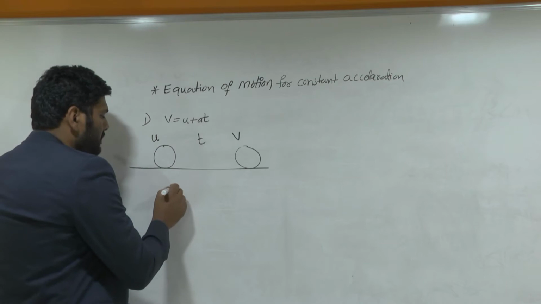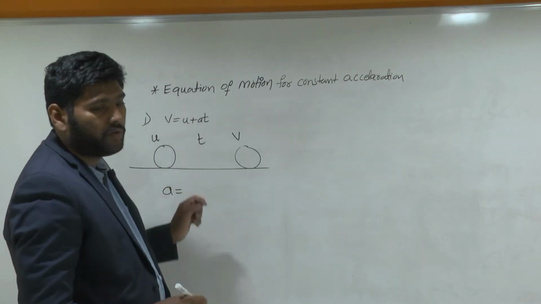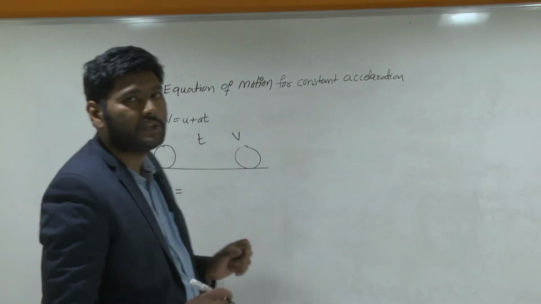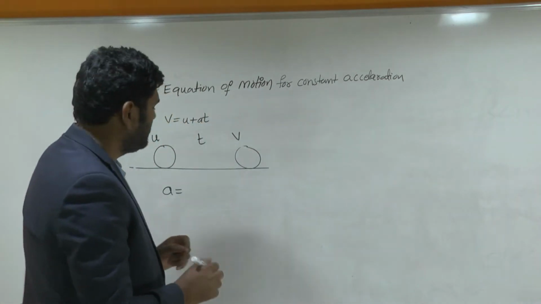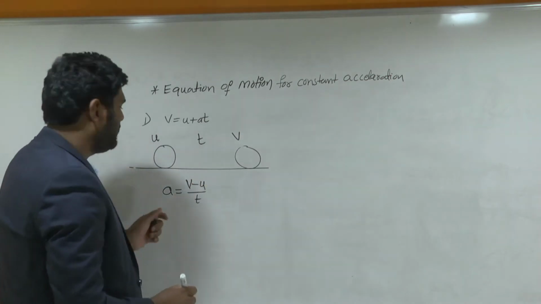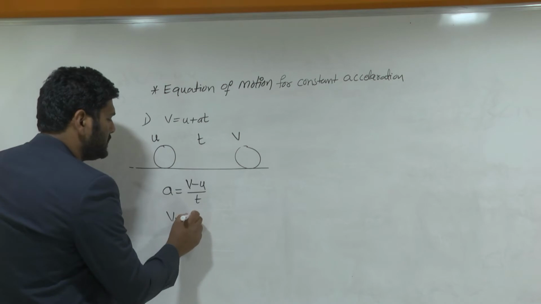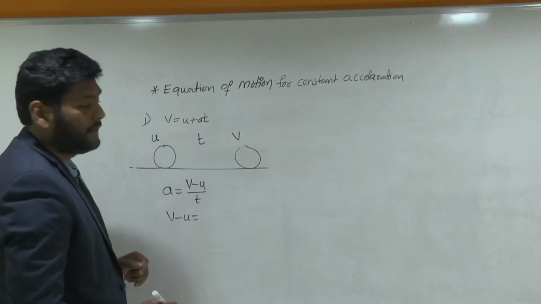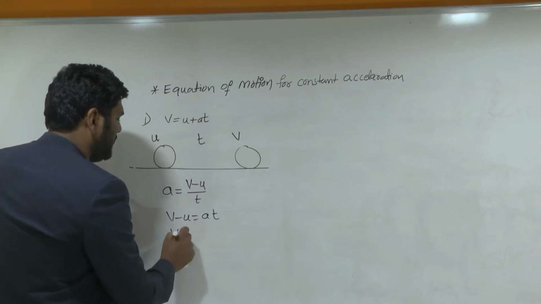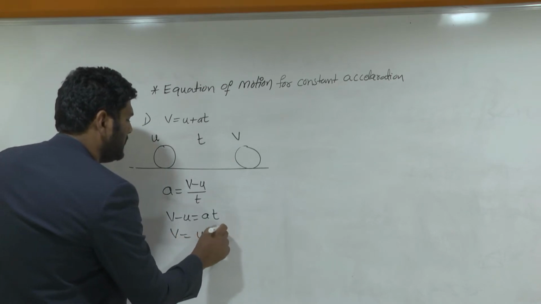Now can you tell me the acceleration? Can you apply the acceleration formula in this situation? You know acceleration, very good. How much is it? V minus u by t. So from here, V minus u is equal to A into t, then V is equal to U plus AT.